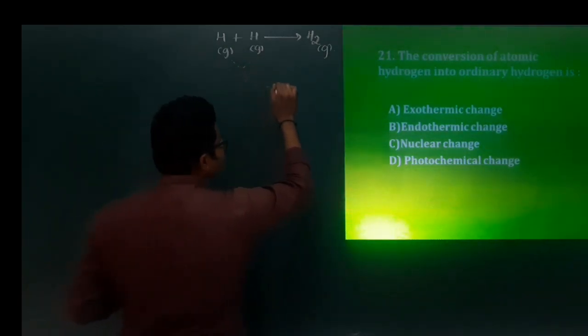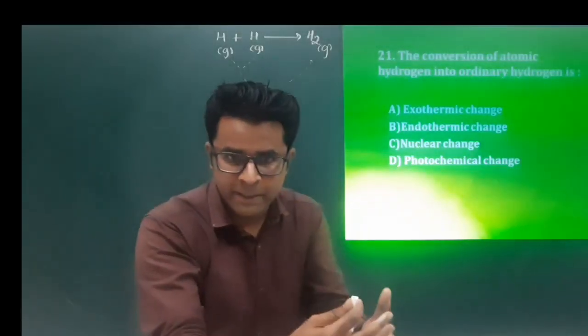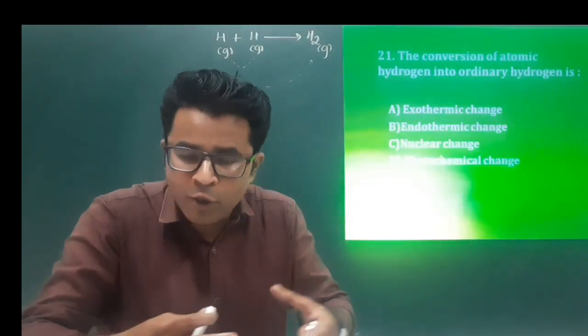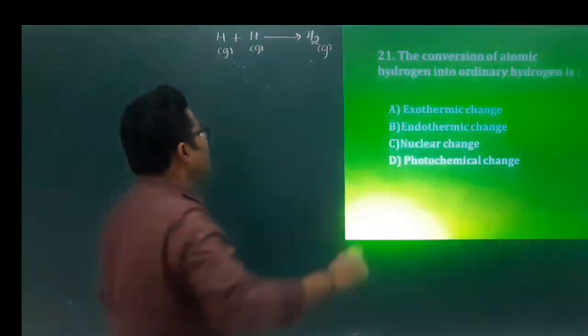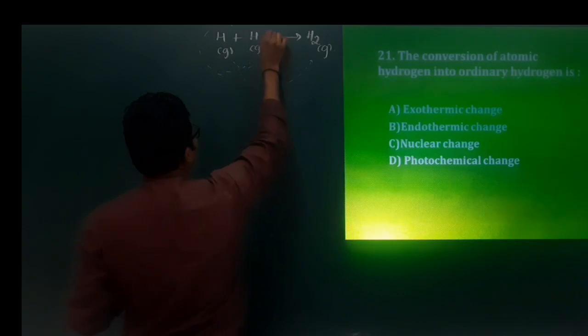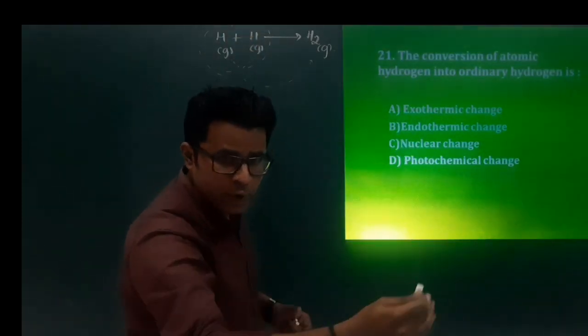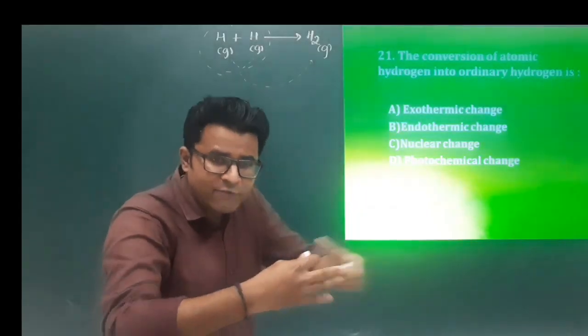They react in order to give us a stable molecule, and if something wants to become stable, it has to release a lot of energy. So whenever the unstable atomic forms of hydrogen react to give us the hydrogen molecule, a lot of energy is evolved.